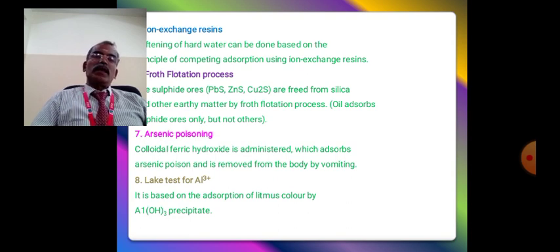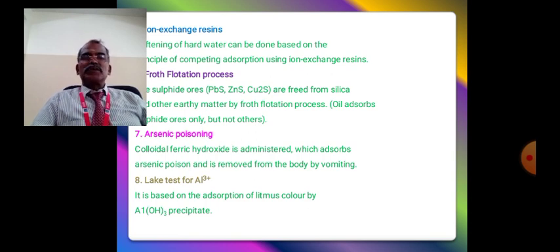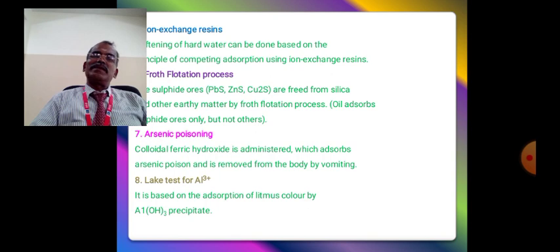Okay, and next one, arsenic poisoning. Persons who have taken arsenic poison are treated with colloidal ferric hydroxide, which forms a compound that absorbs the arsenic poison, which can then be removed by the affected person by vomiting.